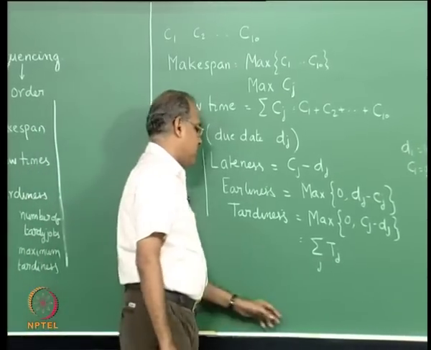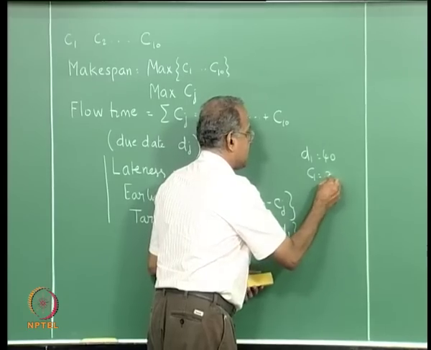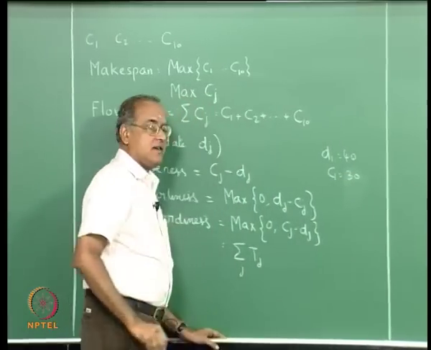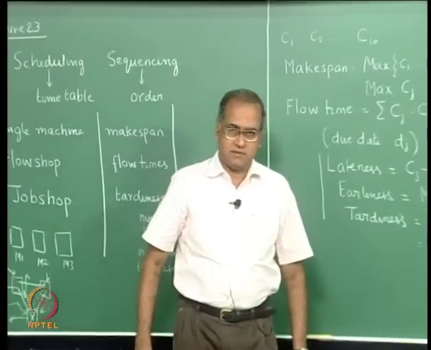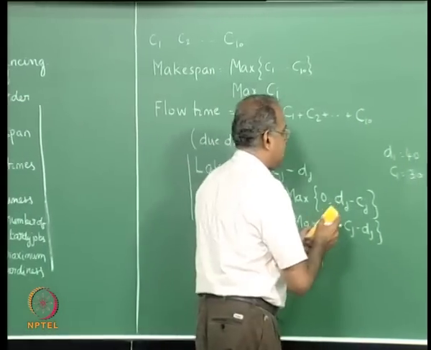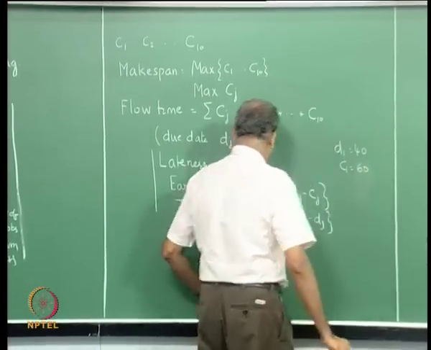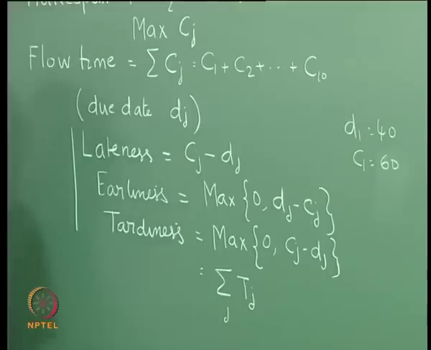For example, if the due date is 40 and the completion time is 30, we will say that the earliness is 10. Now, if the due date is 40 and the completion time is say 60, then it is tardy with tardiness equal to 20.